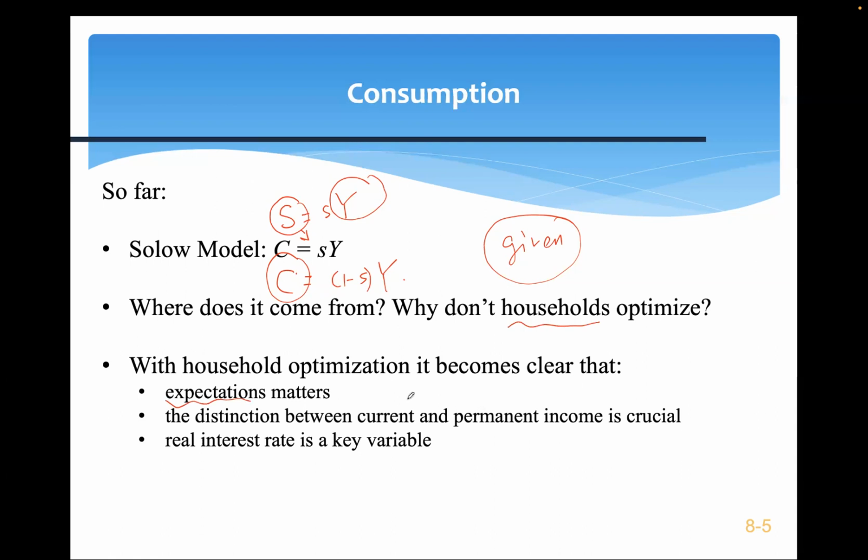If you have a temporary income increase versus a permanent income increase, its impact on your consumption and saving behavior is going to be different. And the third, the real interest rate is a key variable. The real interest rate tells you the relative price of consumption today versus consumption tomorrow, or in the future. So this is what we're going to study.